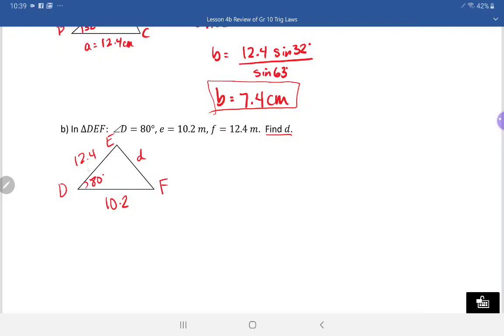So without a pair, what we have here is side angle side, we have this side, we have the angle in between, and we have this side. So that is cosine law. With cosine law, we're always going to start with the lowercase letter that we're looking for. So since we're solving for lowercase d, we'll do d squared equals, and that means this is going to be e squared plus f squared, because those are the two that you know.